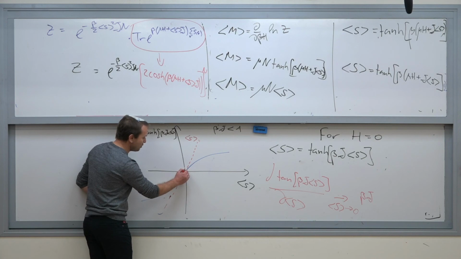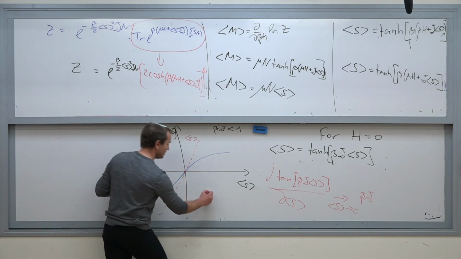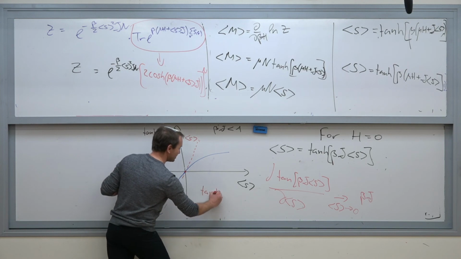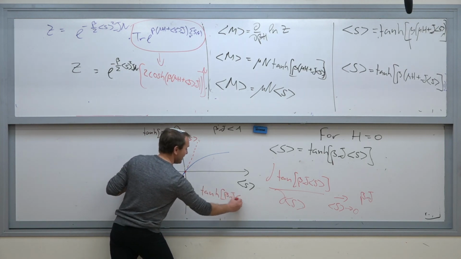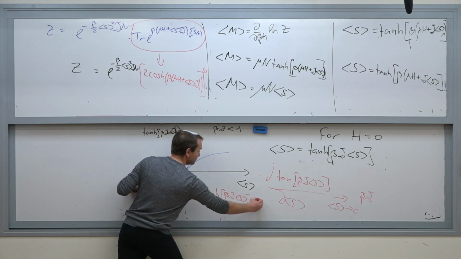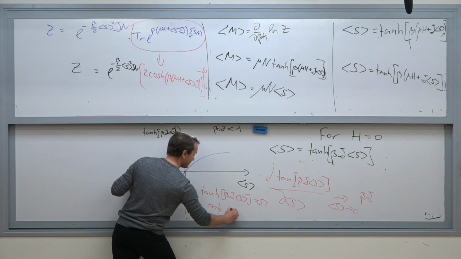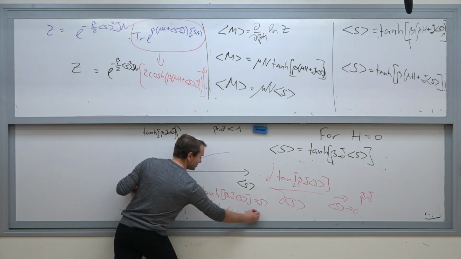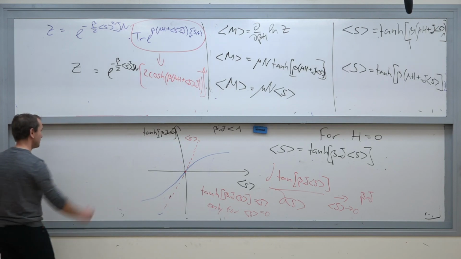So I have only one intersection point: tanh of beta J S equals S only for S equals 0. Okay, so this is the first case.